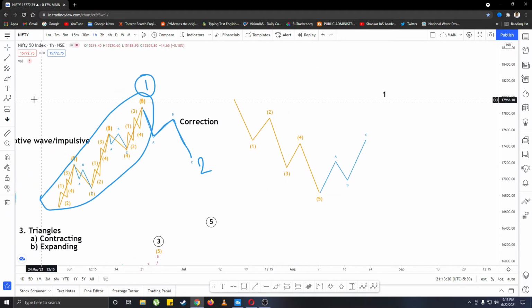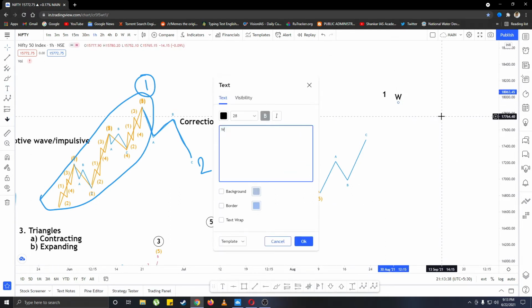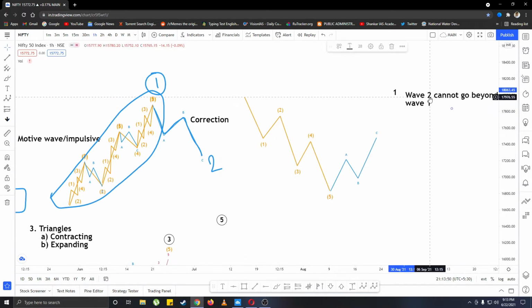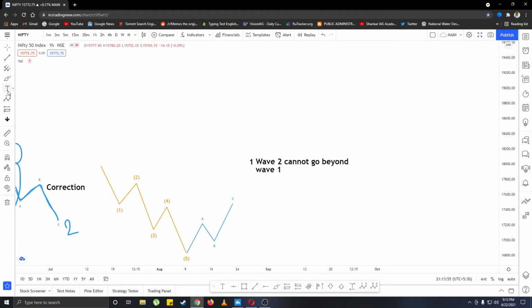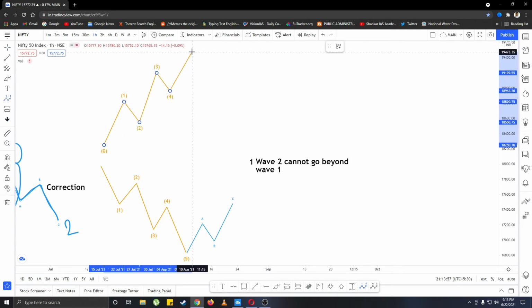So I think this is clear, and now we will talk about the basic rules of Elliott wave. The first rule is that wave 2 cannot go beyond wave 1. It means that if there is a wave 1, 2, 3, 4 and 5, wave 2 can never go below the beginning of wave 1, that is 0, the starting point of our counting.